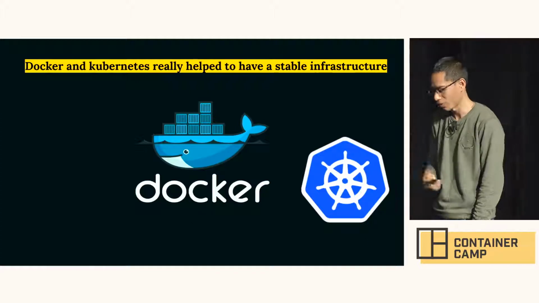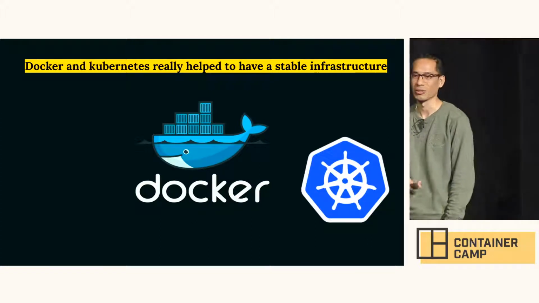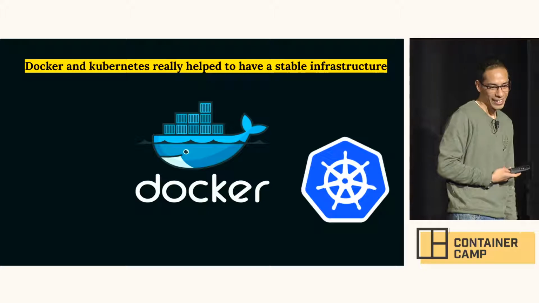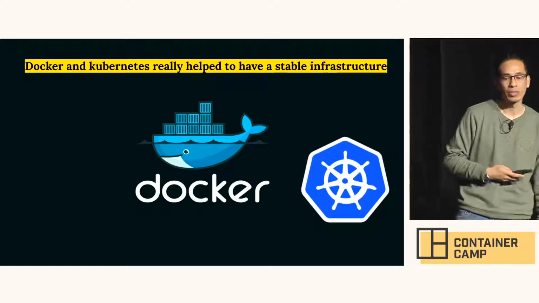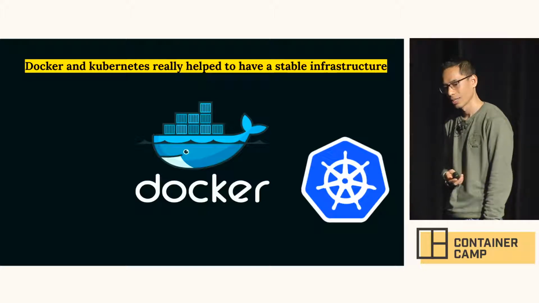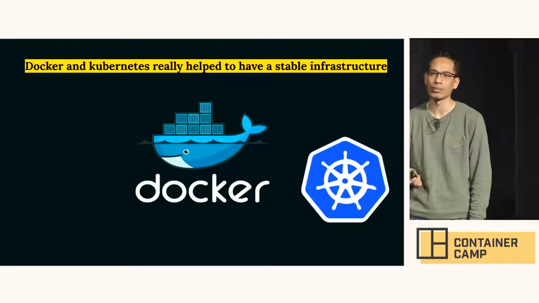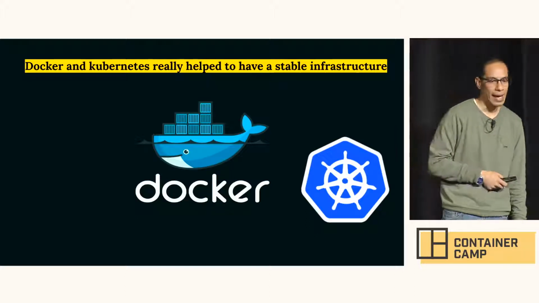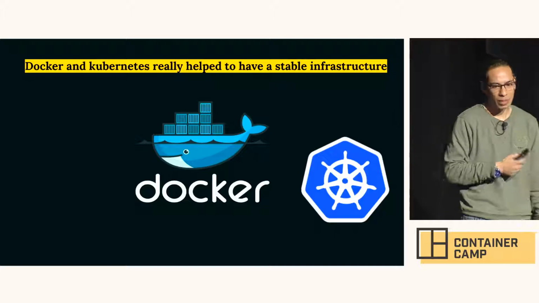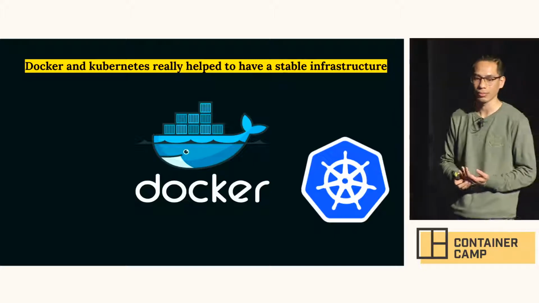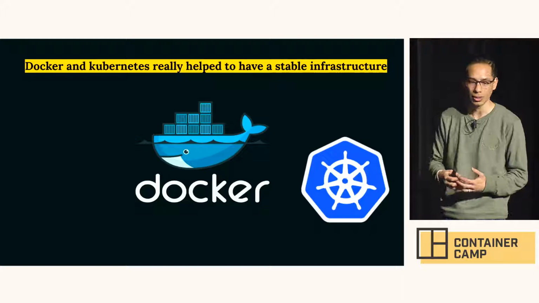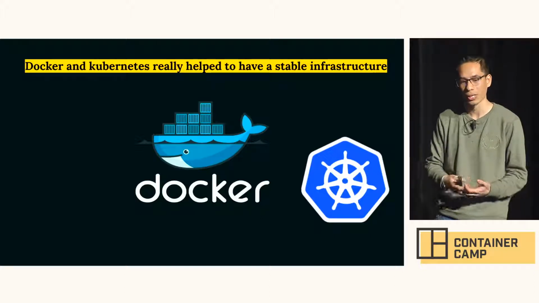And yes, of course, this is Container Camp, so I should be talking about Kubernetes and Docker. Anyhow, Docker and Kubernetes really helped us stabilize the infrastructure. Before that, we had a lot of VMs, and that was working, that was fine, but as soon as we introduced Kubernetes, actually Docker first, it was a lot easier.